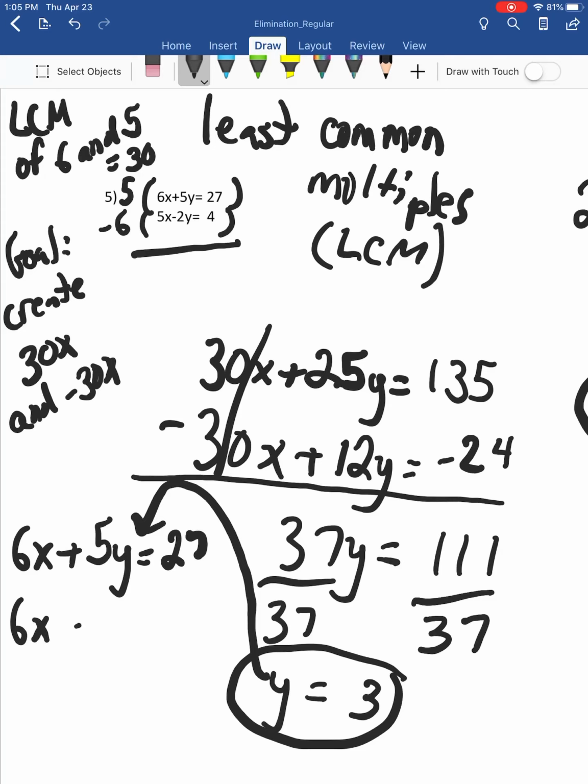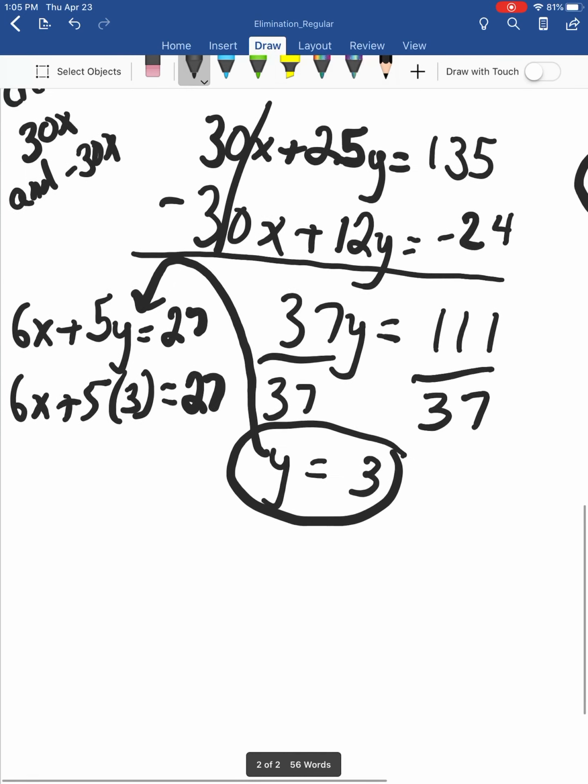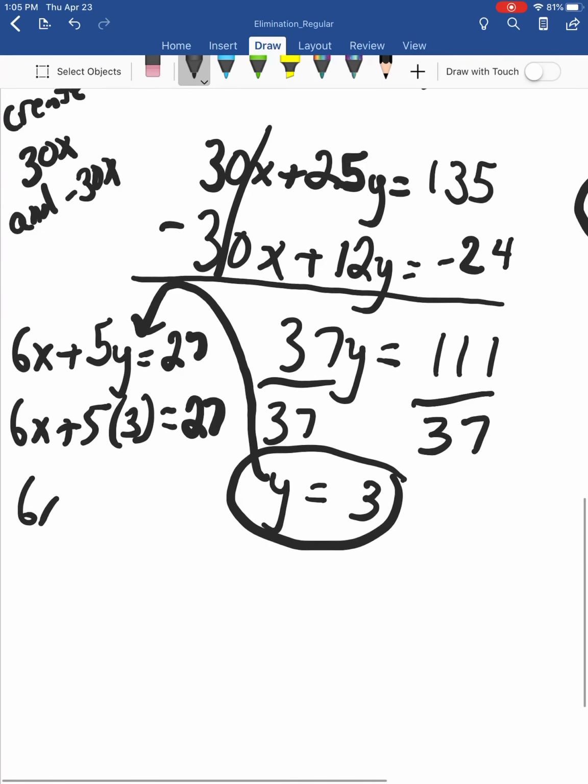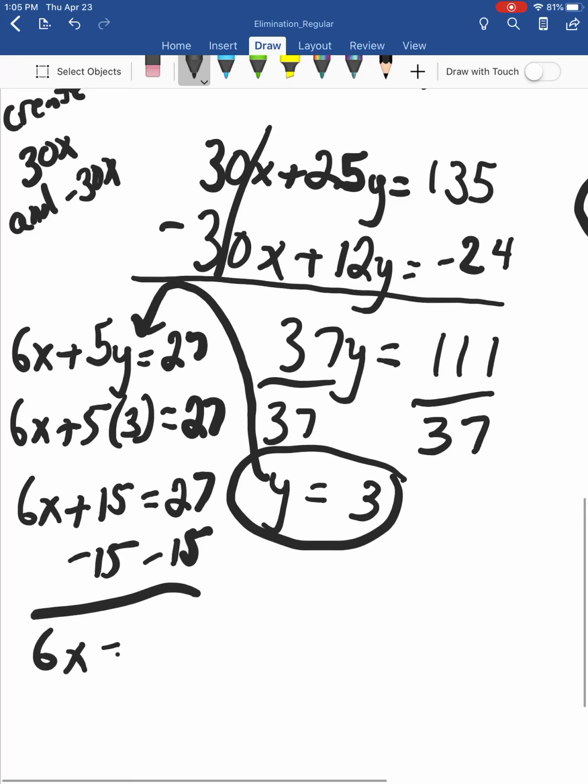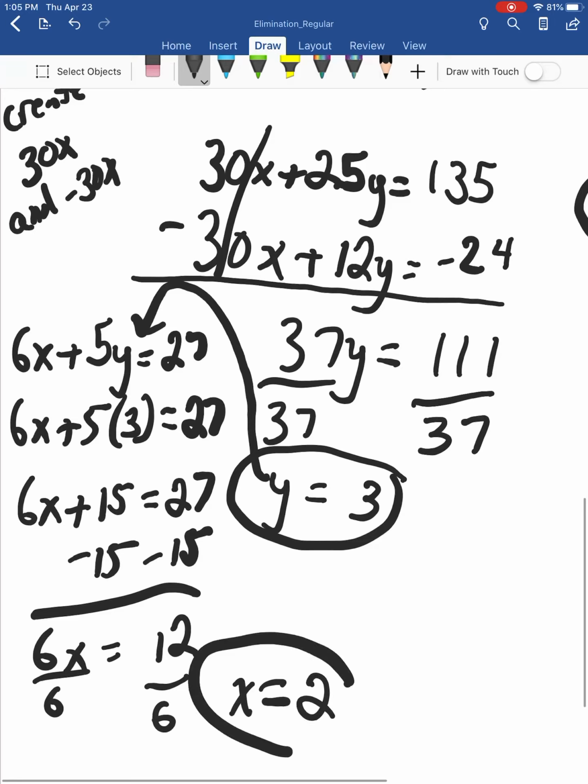So it looks like 6x plus 5 times 3 equals 27. So 6x plus 15 equals 27, minus 15, minus 15. 6x equals 12, divide by 6, divide by 6, and x equals 2.